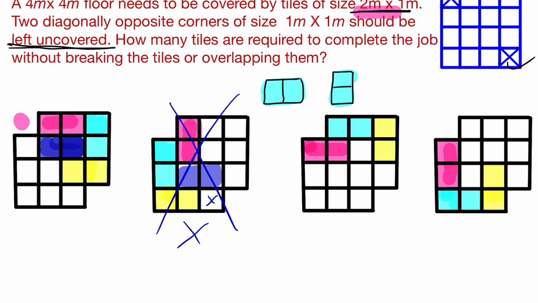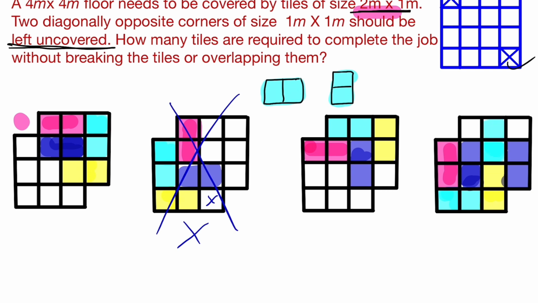Now the next case is here we have a 1 by 1 block, so put the tile vertical. Now here we have a 1 by 1 block, so put the tile vertical. Again we have a 1 by 1 block here, so put it vertical. Here we have this 1 by 1 block, so we have to fill this, so put this tile vertical.